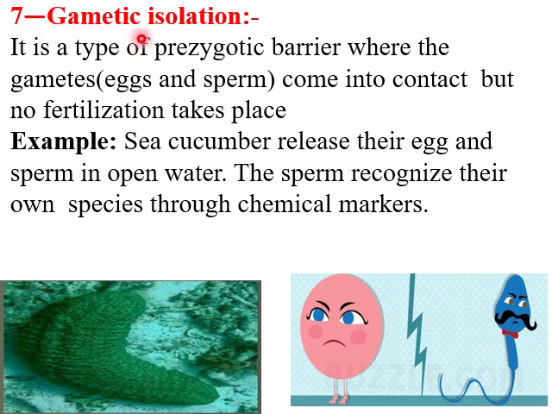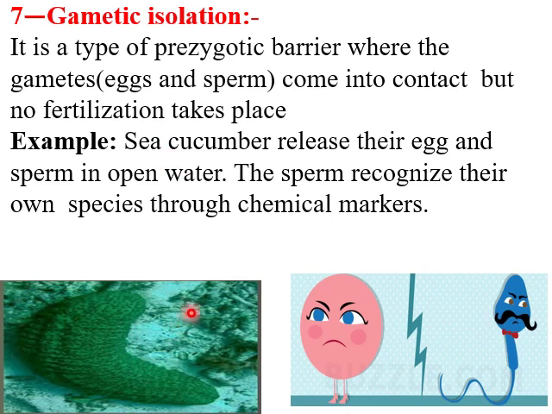Dear students, now we are going towards the seventh type of isolation, that is called gametic isolation. It is also a type of prezygotic barrier in which the male and female gametes may come into contact with each other, but fertilization does not take place. Here is an example of gametic isolation, in which you can see a sea cucumber releasing its eggs and sperms in open water.